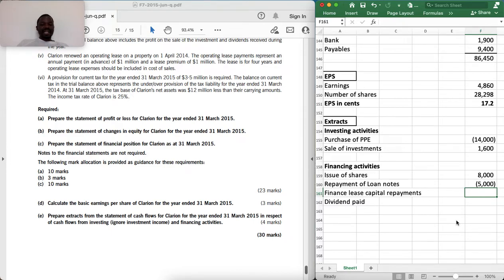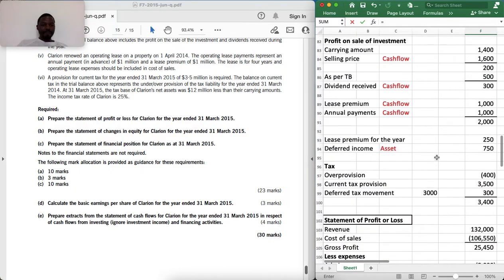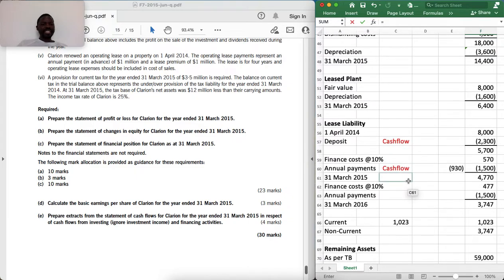Then, how much was the finance lease payments? Now, let's go and get our finance lease payments correctly. This is a finance lease. So, 2,000 was paid as a deposit towards the capital.